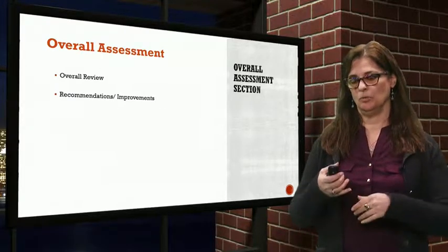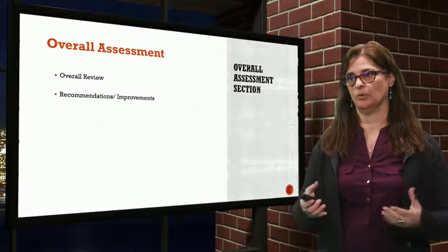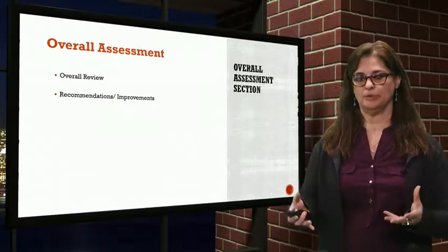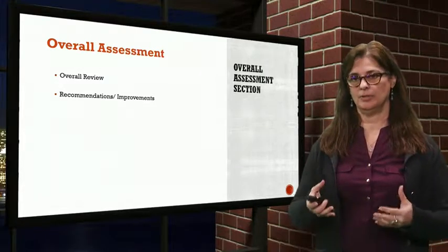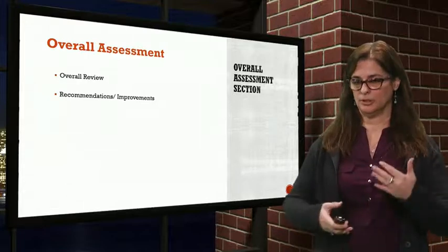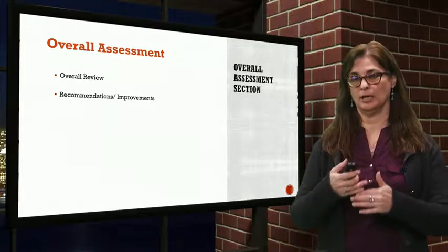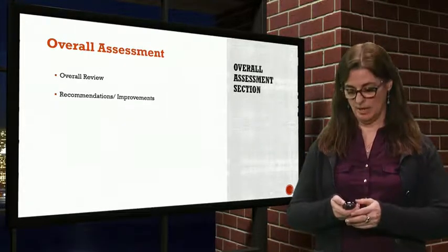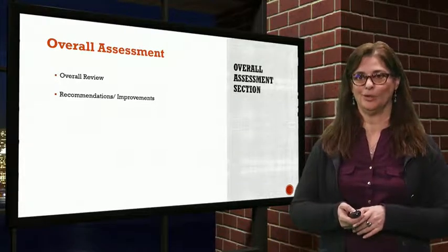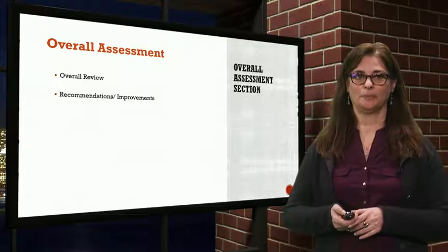When you're writing out recommendations or you're doing an overall review or you're writing about message or media strategies, those kinds of things need to be in a paragraph form. And you can better say what you need to say as you're explaining it in a paragraph form. So if anyone needs more clarification on that, just reach out to me and I can let you know what you should do for that.